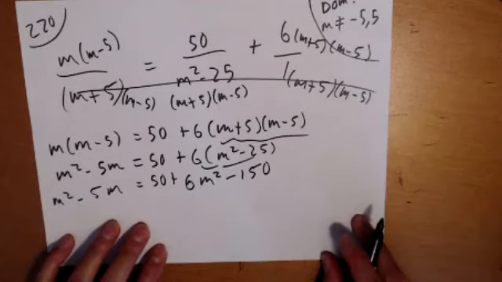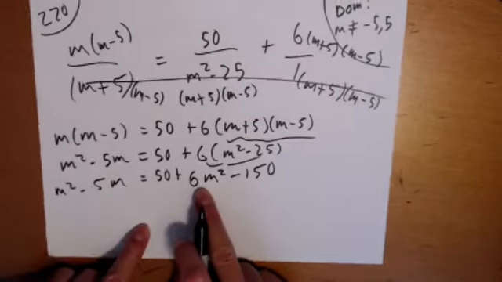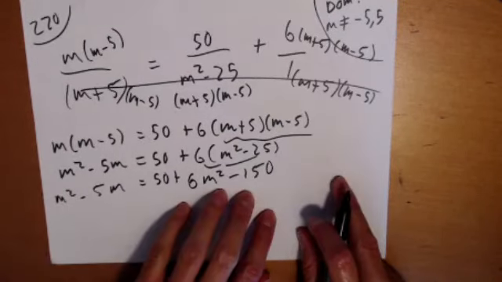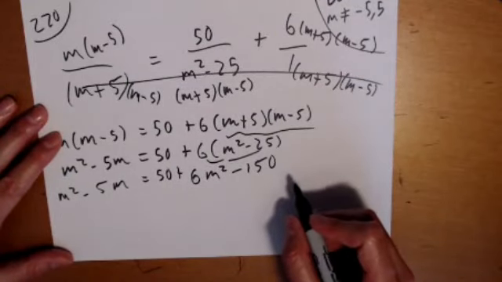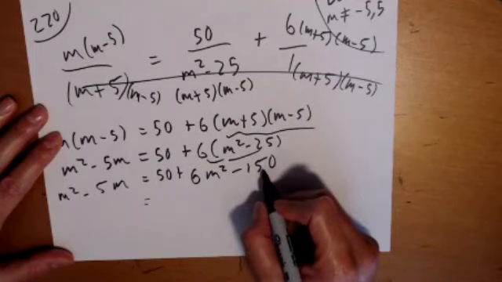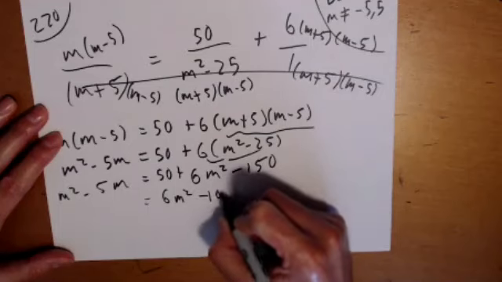You folks like bringing everything to the left? You see how there's 6m squared here and m squared here? I'm going to be fancy. I like things positive. So what if I bring everything to the right and set that equal to 0? Not that it matters. Either way it works. 150 and negative 50 is, what, negative 100?